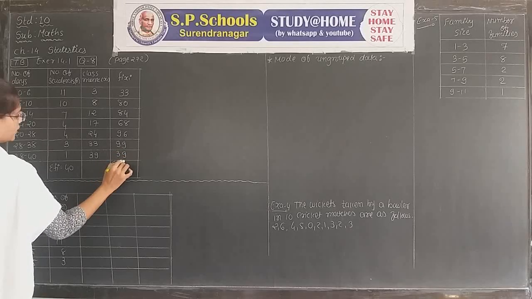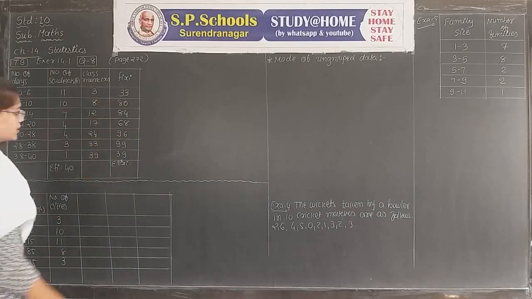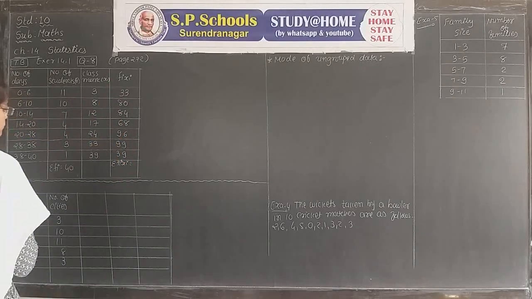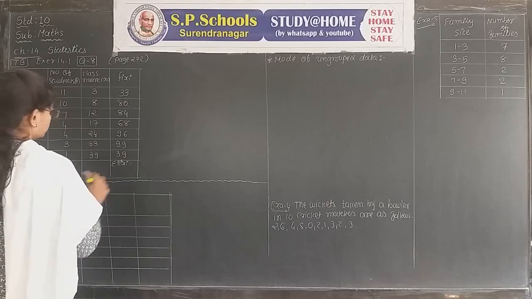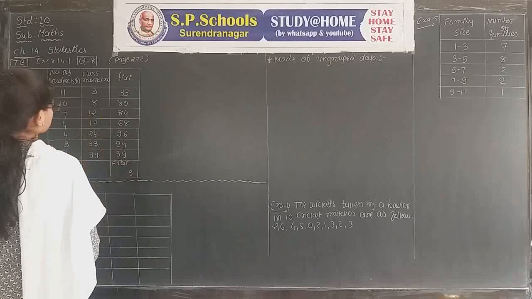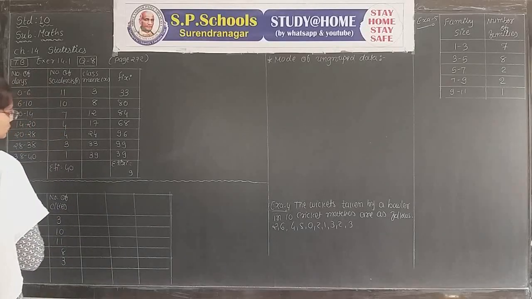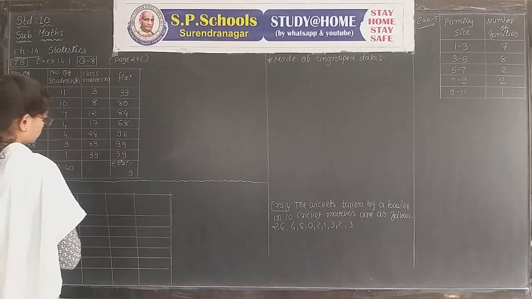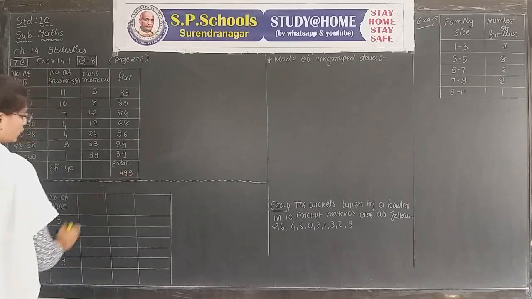Sigma Fi Xi is given by adding all the Fi Xi, which is 499.